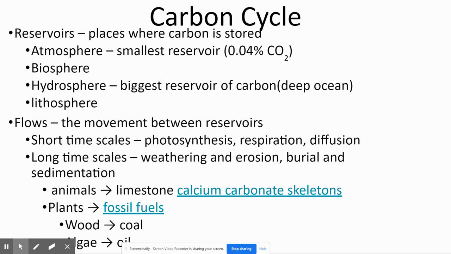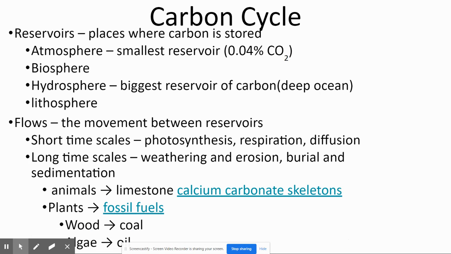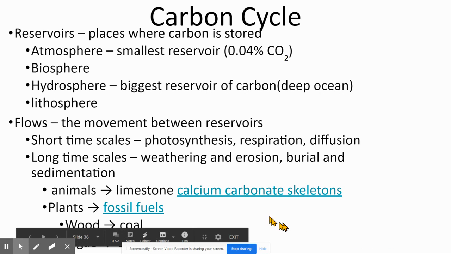It was warm and wet, and those trees became coal. You generally find coal on land, and you generally find oil around water, because oil is basically made out of algae. So fossil fuels come from plants and somewhat animals, but mainly plants.